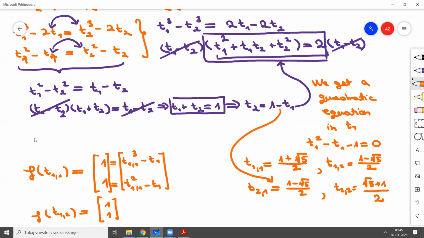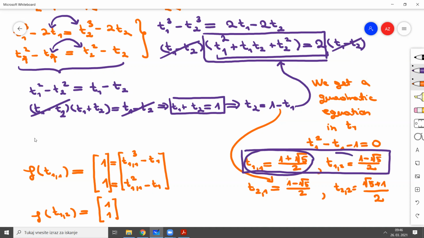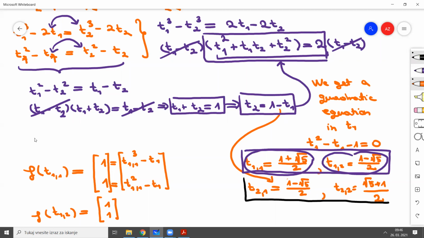And what you can notice here is that we have the first solution of our quadratic equation, and then we computed T2 out of the connection between T1 and T2. And the second solution of our quadratic equation in fact gave us the same solutions, only in the other order. So you see, only the order switched.